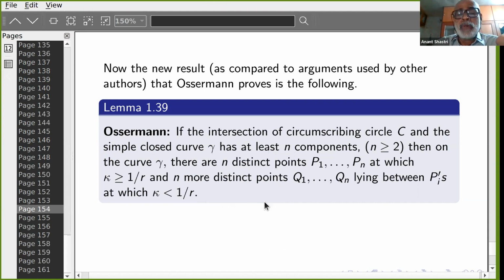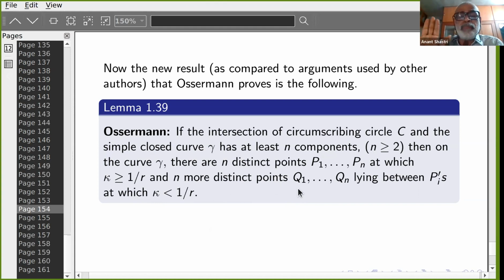How do you do that? Start with any point wherein kappa is greater than or equal to 1 by r. Go to another point, go to another. This way you can pick up n points, and then between P1 and P2 you can pick up a Q1. Going from P2 to P3, you will get a Q2, and so on cyclically. So that is the statement. At the Pi's, kappa is greater than or equal to 1 by r. At the Qi's, it is strictly less than 1 by r.